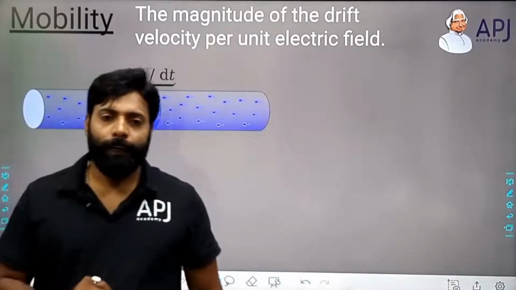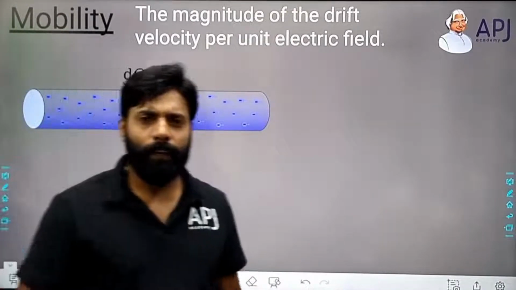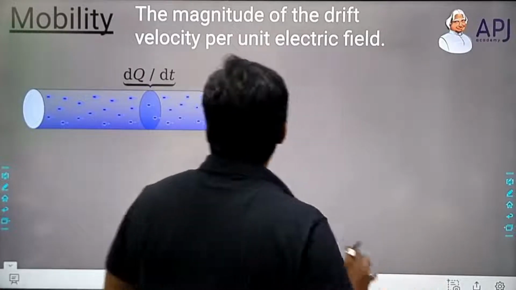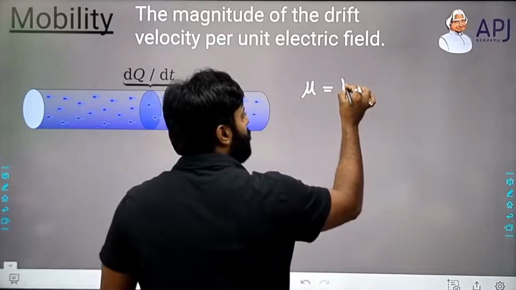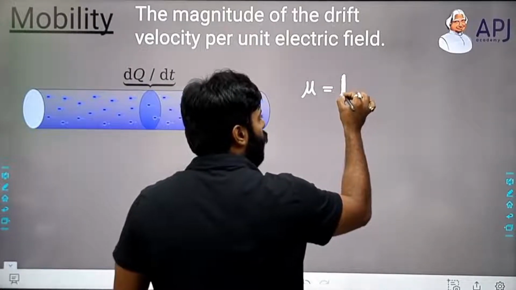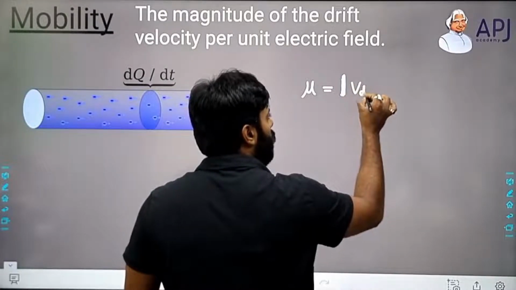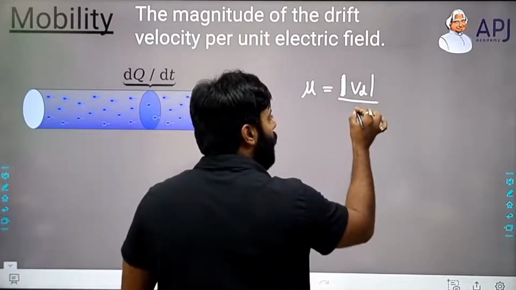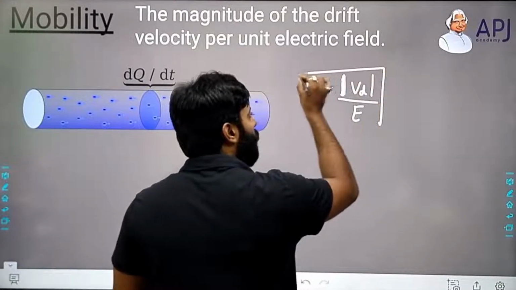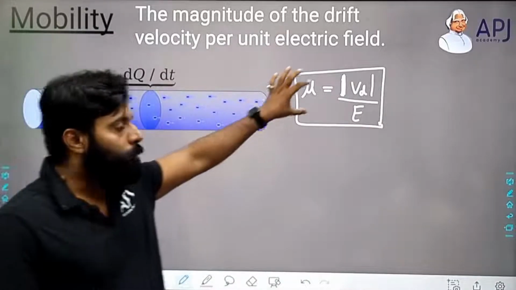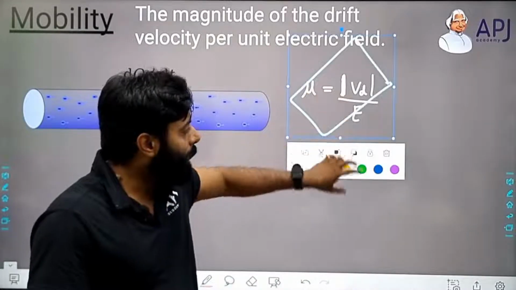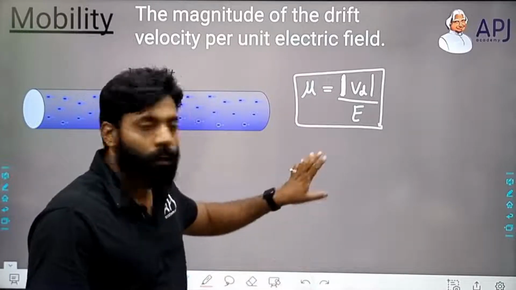This is the mobility. So what is mobility? Mobility is defined as mu is equal to the magnitude of drift velocity divided by the electric field which we are providing, right?